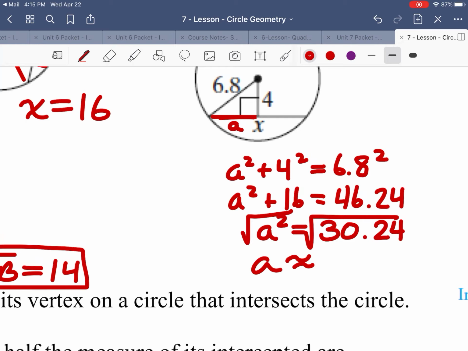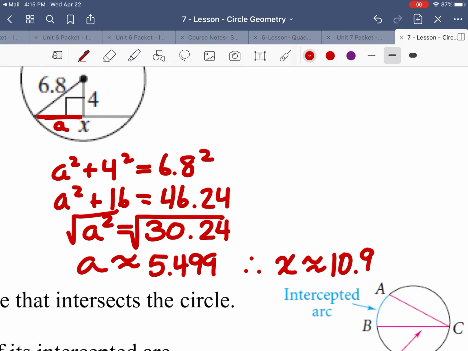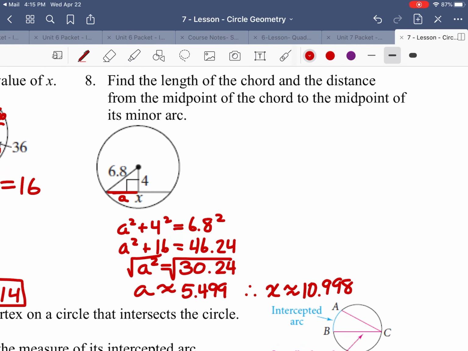A is going to be approximately, so minus 16, 5.499. So therefore, x, which is going to be double that, is approximately 10.998. All right, so we have that.